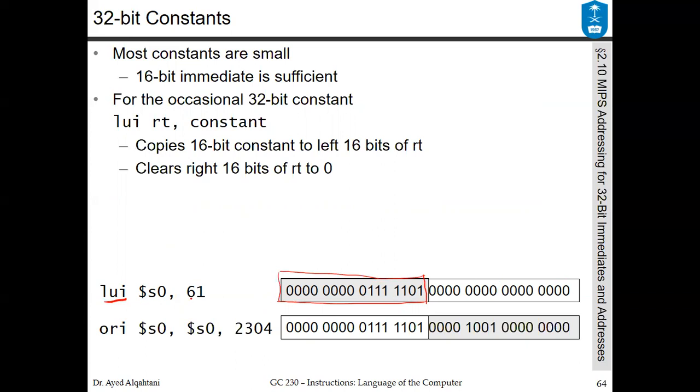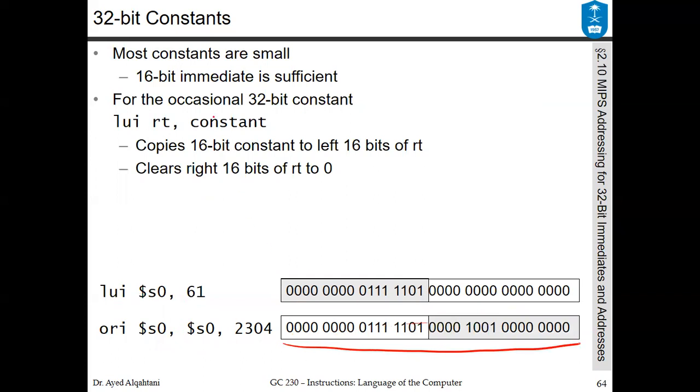At this point, they are 61 in decimal. So we load it into S0. After that, we do the OR immediate between the lower part, which is at this point 2304, with the S0. And we will have the value in S0, the combination of both, the whole value here.